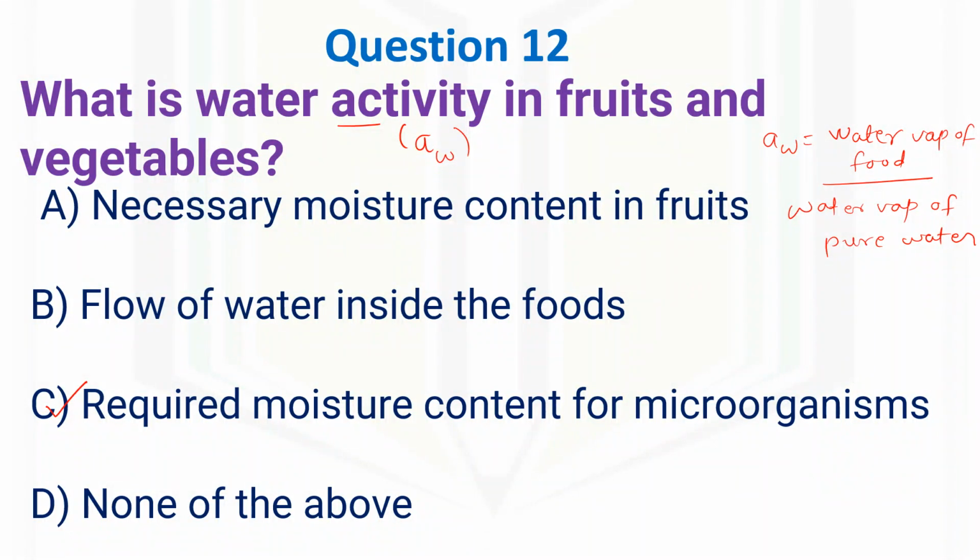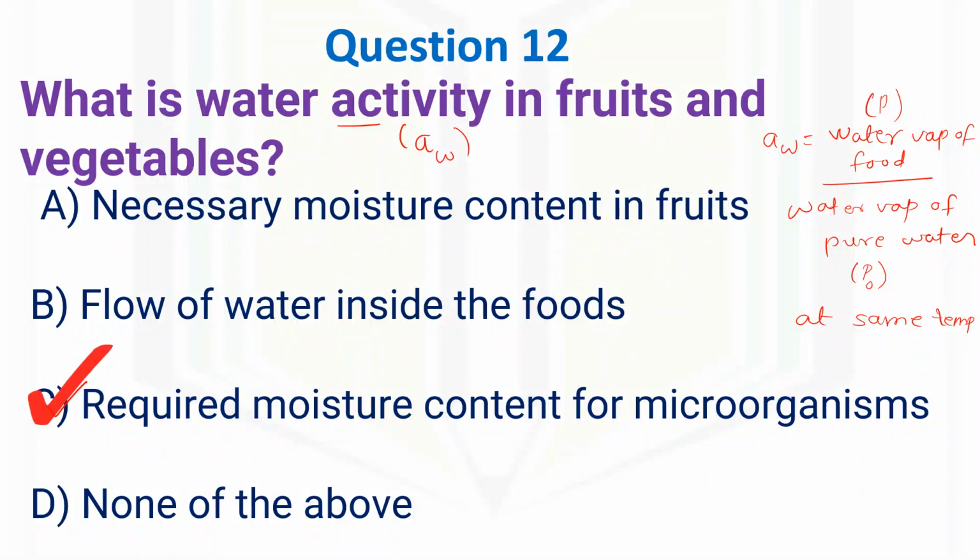It is also denoted by the P, and divided by the vapor pressure of pure water at P0 or the P initial at same temperature. So it measures the activity, it measures the free and unbound water present inside the food.